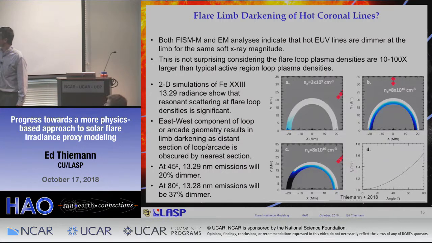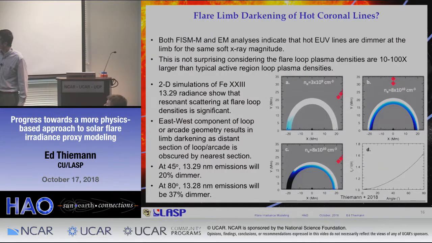Now, if we take this same loop geometry but increase the density by a factor of 30, so it's comparable to what we would expect for flare densities, and now we put the observer at the top of the loop looking down, we can see that the observer can certainly see the outside shell of the loop, but photons emitting from inside of the loop are going to become attenuated, and certainly the foot points are becoming invisible to an observer located at the apex.